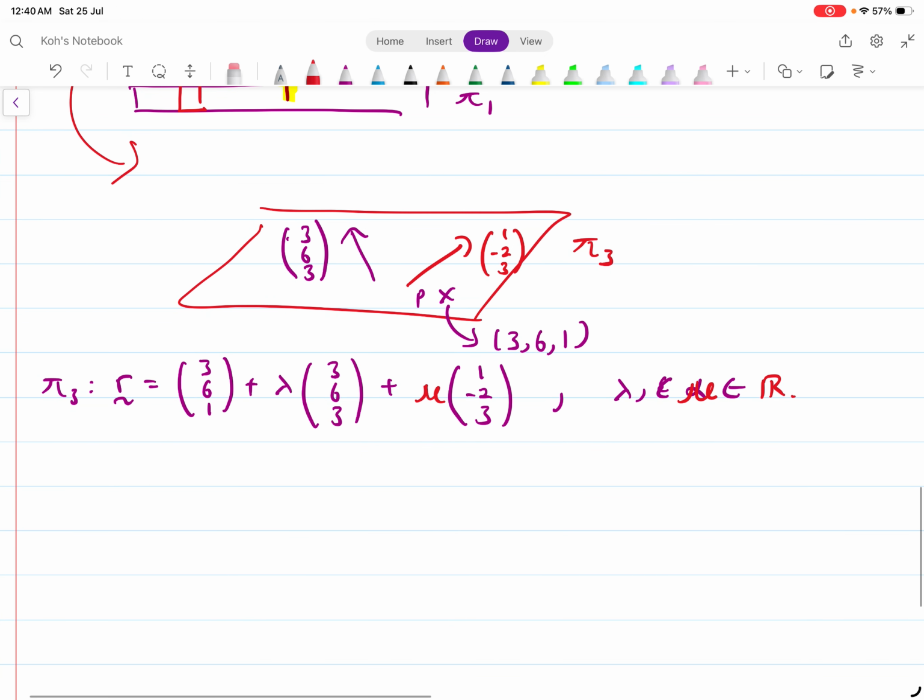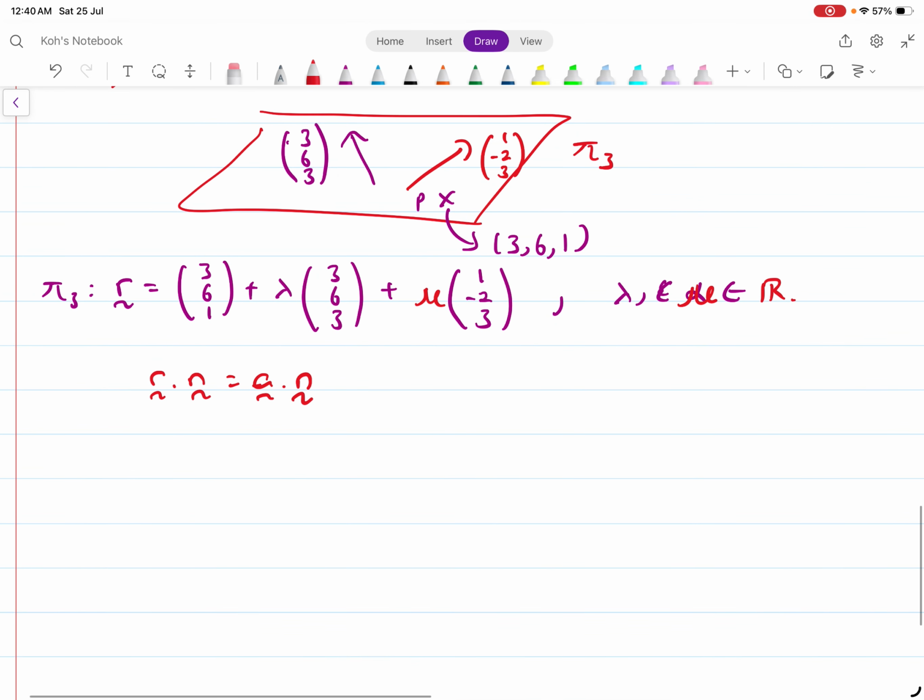Then with this, I do r dot n. It's r dot n equal to a dot n. I must find n first using the cross product: (3, 6, 3) cross (1, -2, 3).